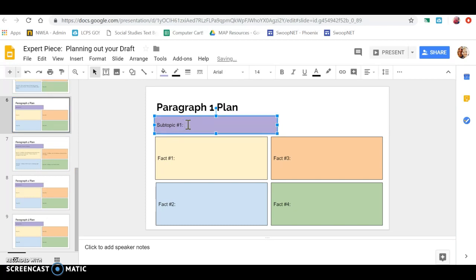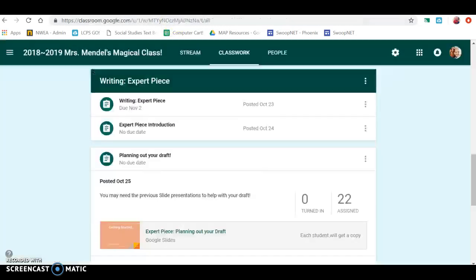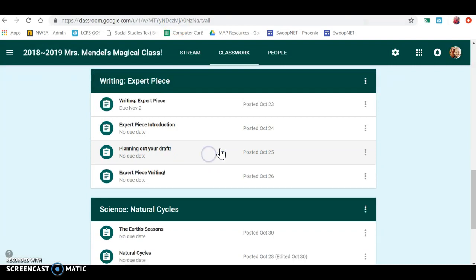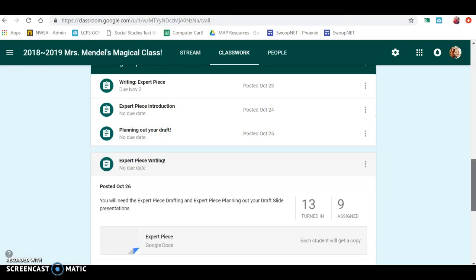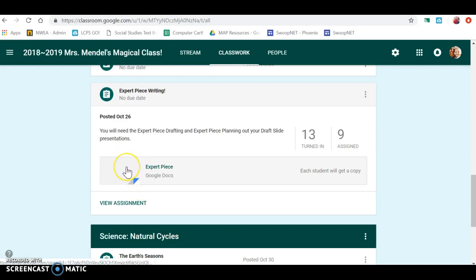They write which subtopic that they are working on, which, as you remember, is from the previous day's slide lesson, and then they click into each fact. And then finally, my students go to the writing piece, and when they click into this, it is just a blank document, and they start writing their expert piece.